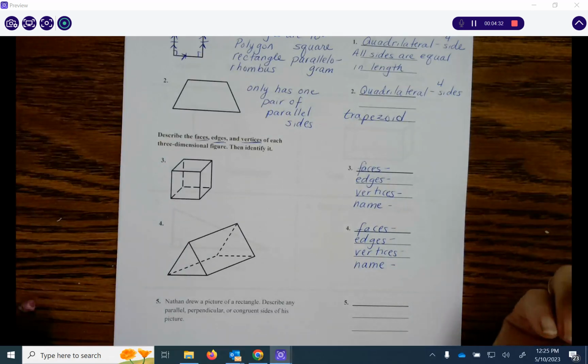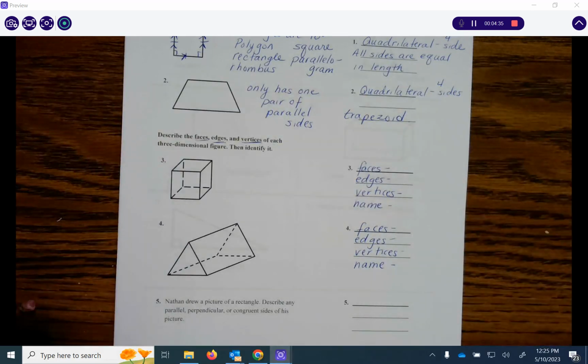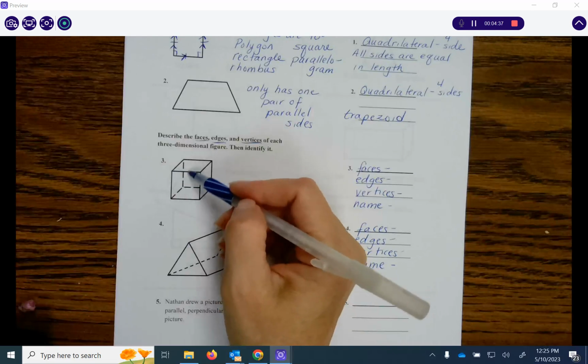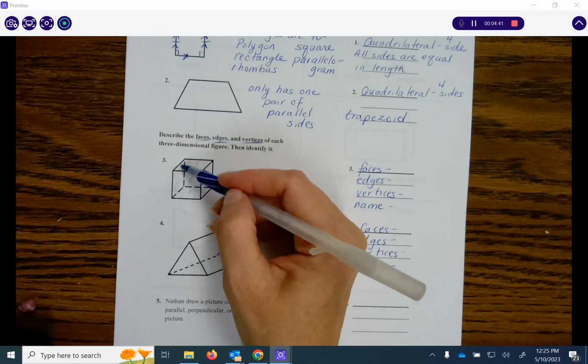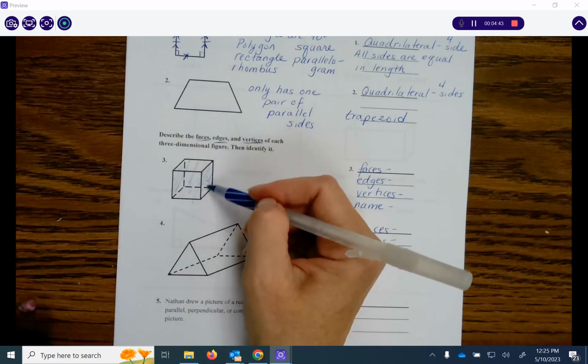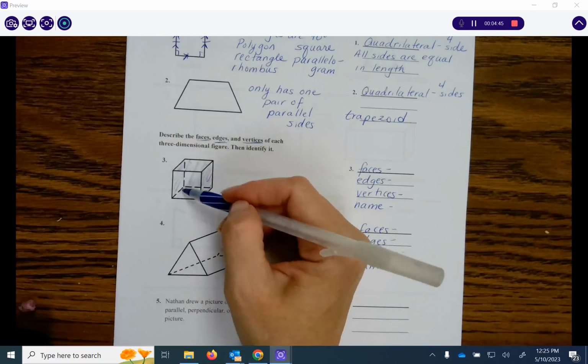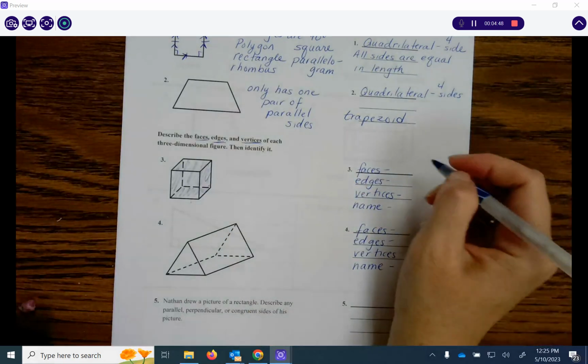Now the faces are the flat sides of the three-dimensional object. So we have a front, we have a back, we have a left side, a right side, a top, and a bottom. So that would be 6.